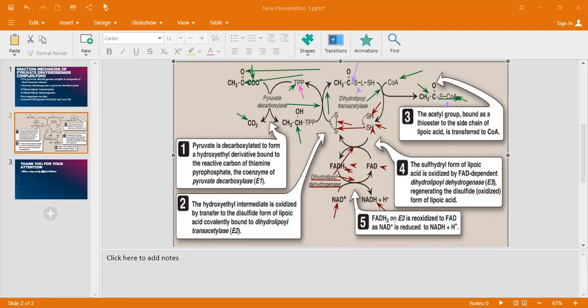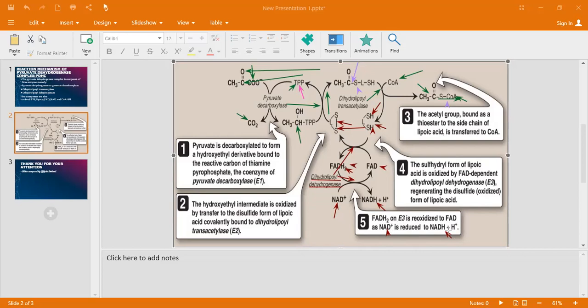Then FAD on the E3 here, which is the dehydrolipoyl dehydrogenase, is reoxidized to FAD as NAD is reduced to NADH and hydrogen.